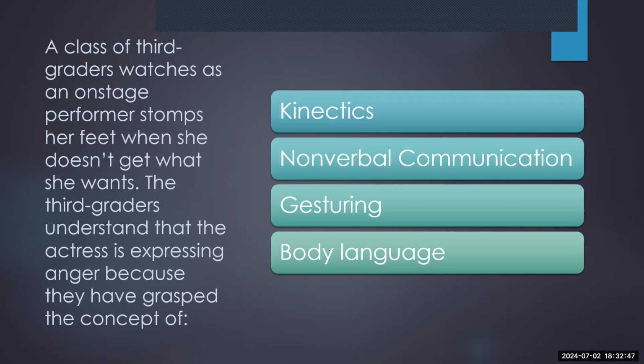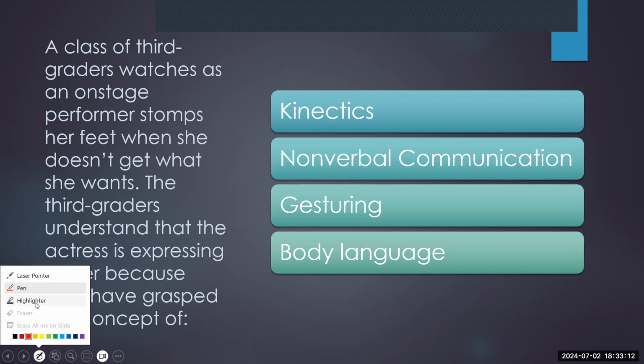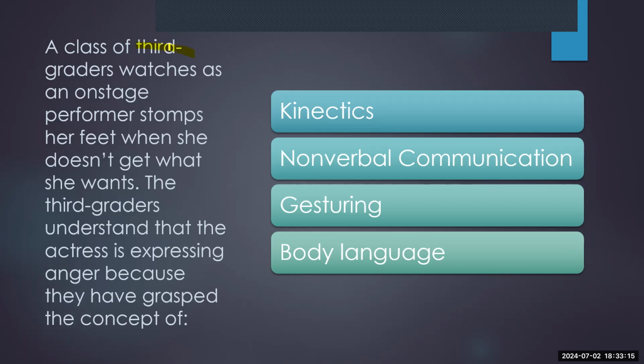All right, let's look at our next one. A class of third graders watches as an onstage performer stomps her feet when she doesn't get what she wants. The third graders understand that the actress is expressing anger because they have grasped the concept of what? All right, what do we want to highlight, guys? Third graders, because we're always going to do that grade level first, because it can sometimes change your answers.